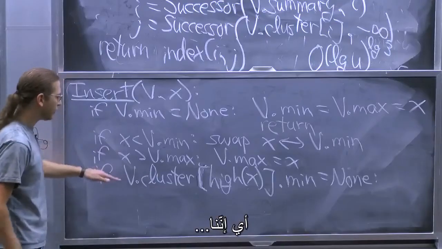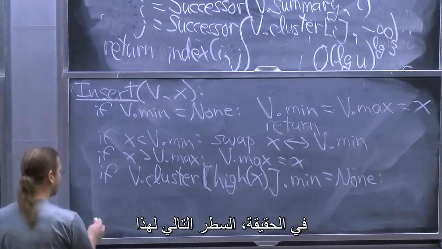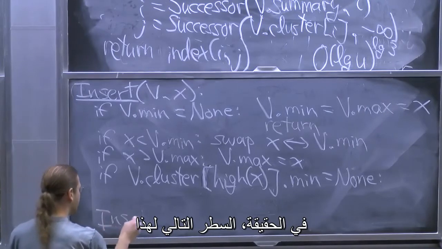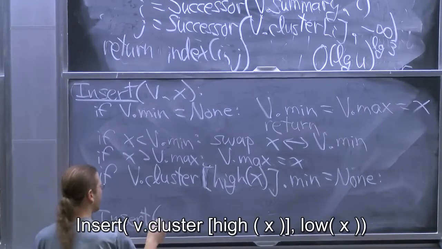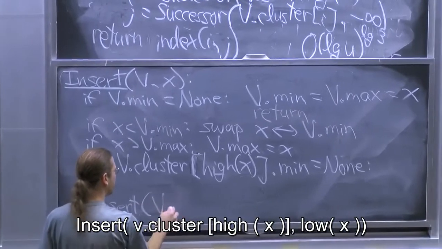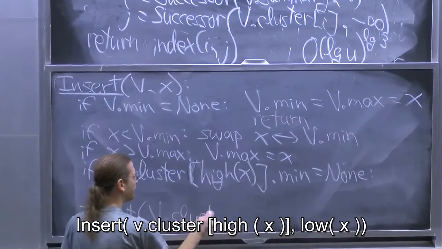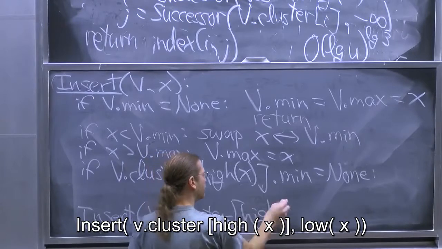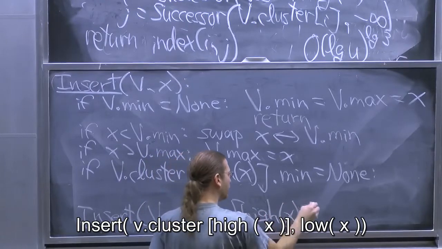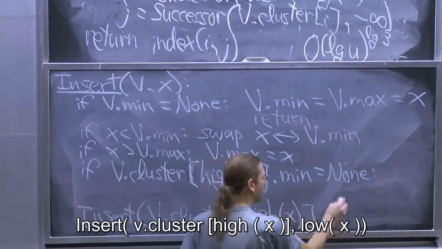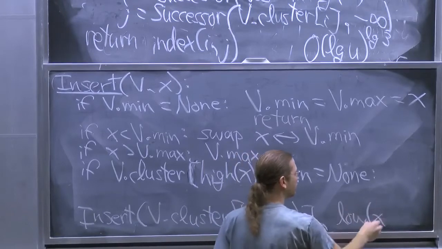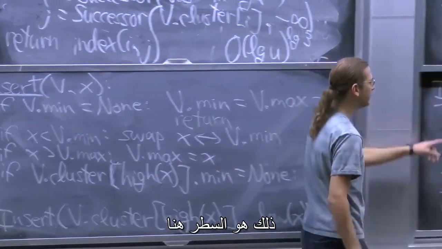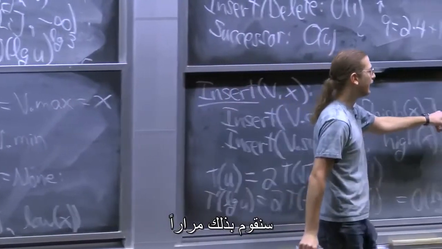The next line after this one is going to be insert into v.cluster[high of x] the value low of x. All right, that's this line. We're always going to do that.